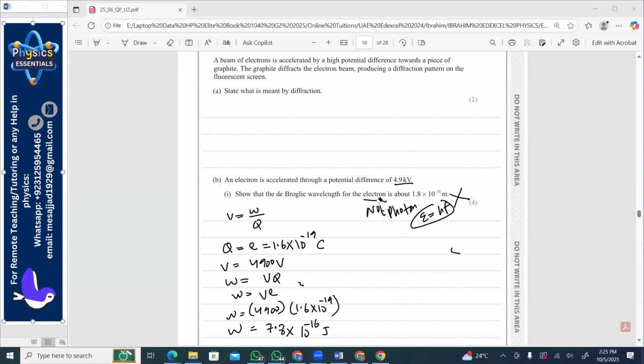Now, this is the work done on the electron. An electron is moving, so this work will become equal to the kinetic energy of the electron, right? Because this work is done by the very high voltage, 4900 volts.